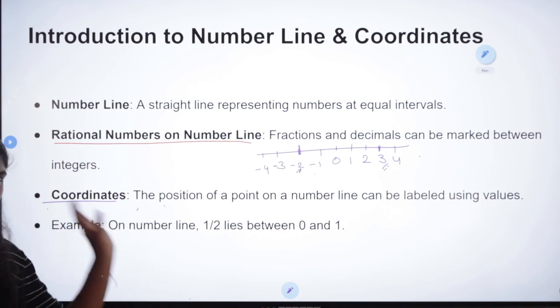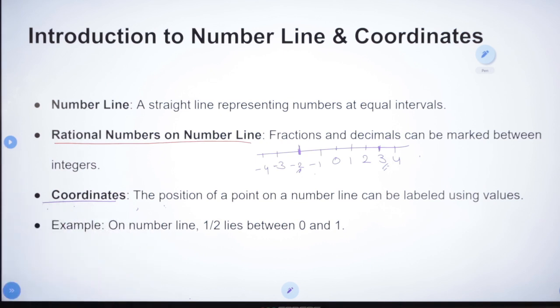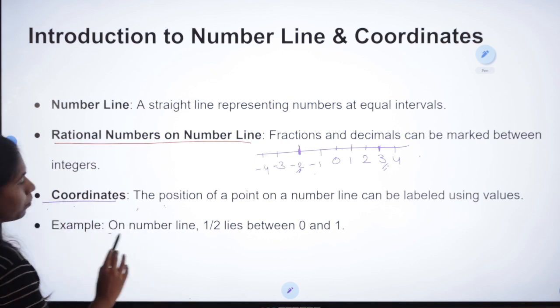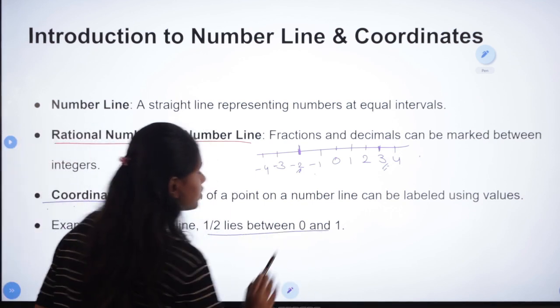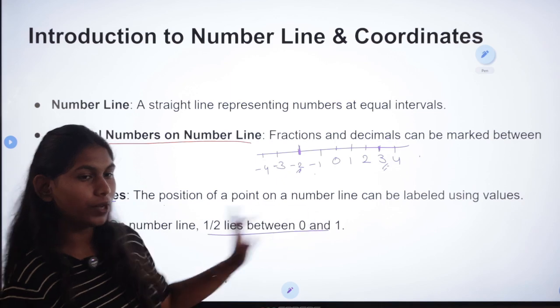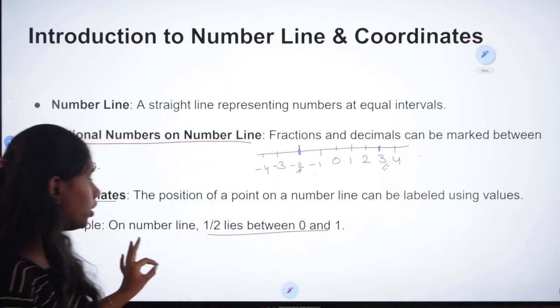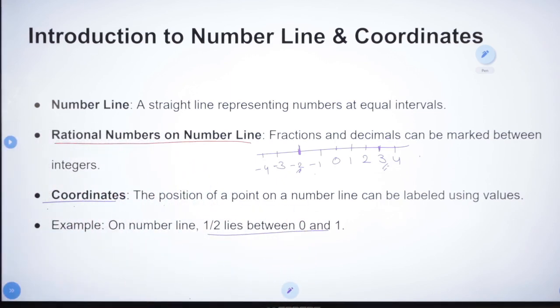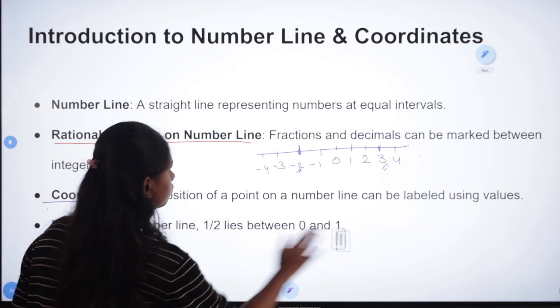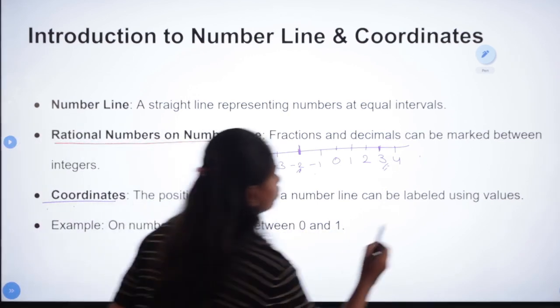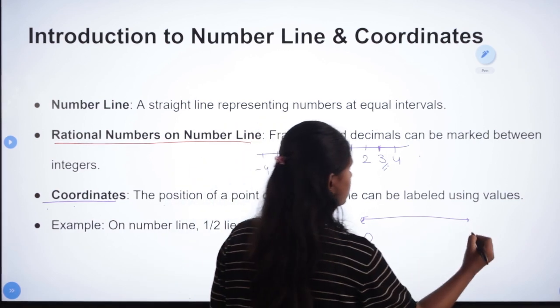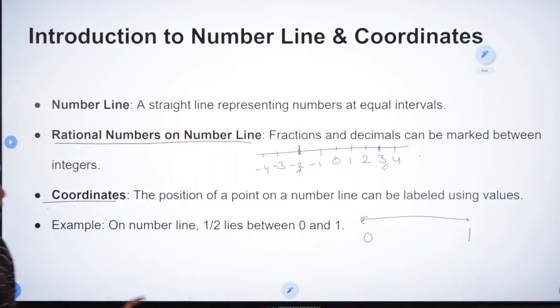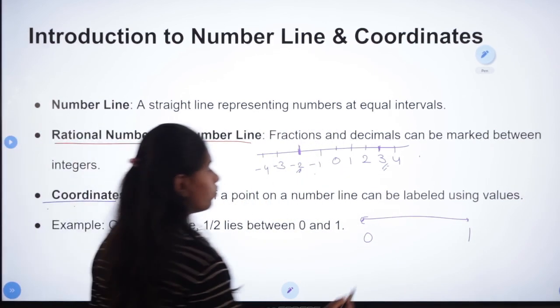Then for example, on a number line, 1 by 2 lies between 0 and 1. Suppose this is the point 0 and this is the point 1. How will the number lie?